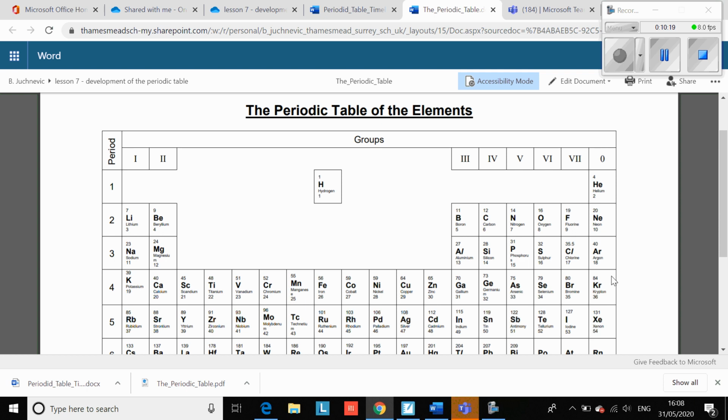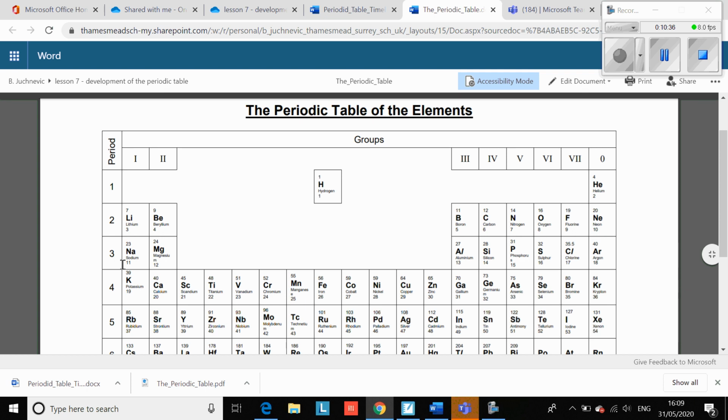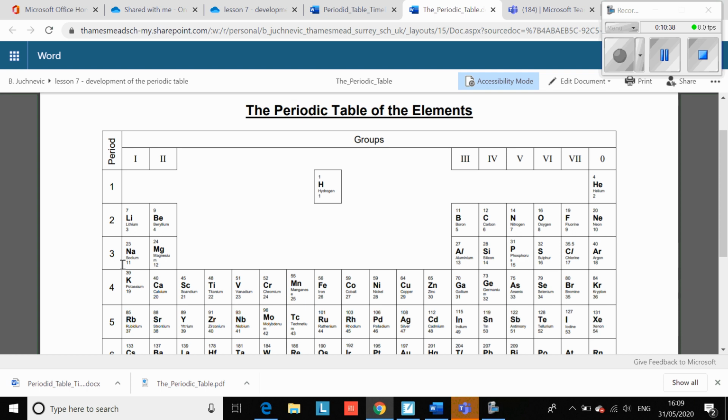Okay, so the reason we get this repeating every 8, 1, 2, 3, 4, 5, 6, 7, 8, is because the electron shell becomes full, and you go back to the next electron shell. So it repeats every 8.